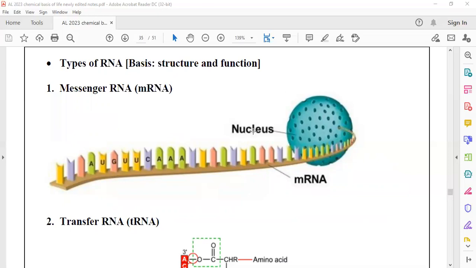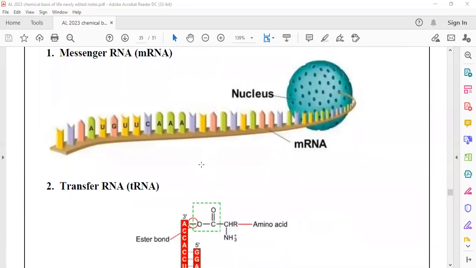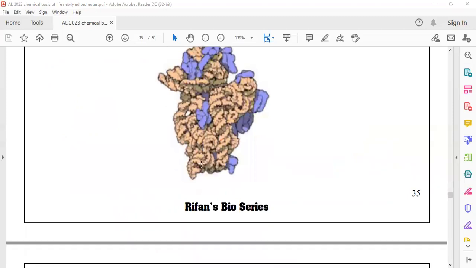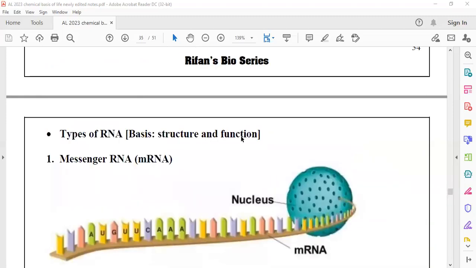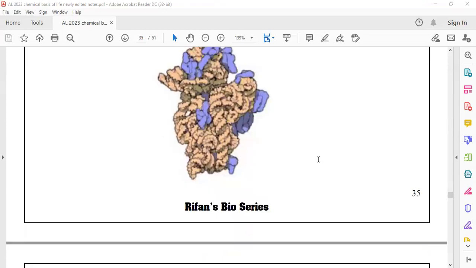So this is mRNA. Remember, all RNA, whether it is mRNA or tRNA or rRNA, ribosomal RNA, whatever the RNA it is, mark this point here.